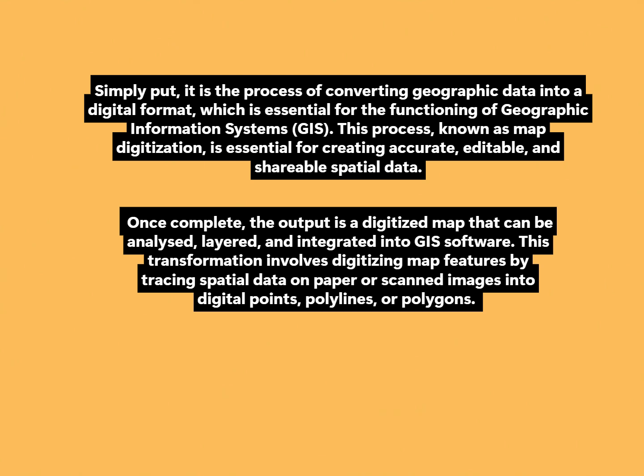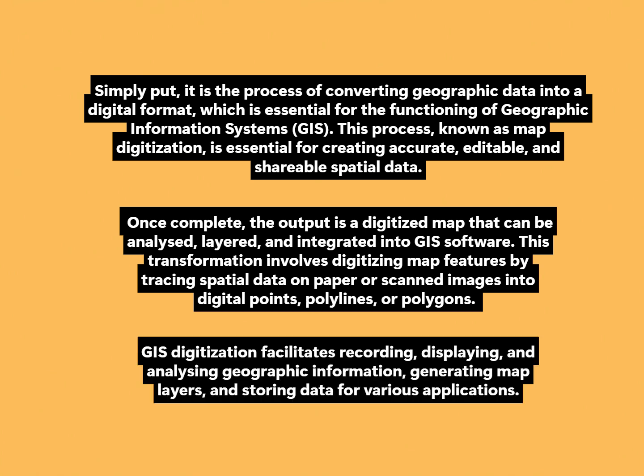This transformation involves digitizing map features by tracing spatial data on paper or scanned images into digital points, polylines, or polygons. GIS digitization facilitates recording, displaying, and analyzing geographic information, generating map layers, and storing data for various applications.